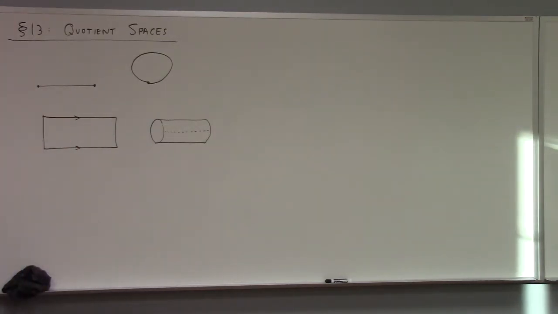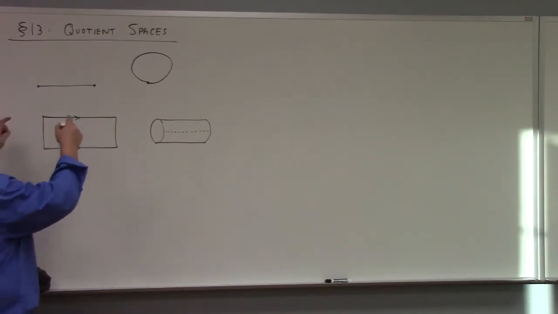At the heart of all these constructions is this notion that some points are being left alone and other points are being identified. That's the first kind of quotienting you could do. But you don't actually have to have points left alone. You may be collapsing, maybe every point somehow gets messed with.